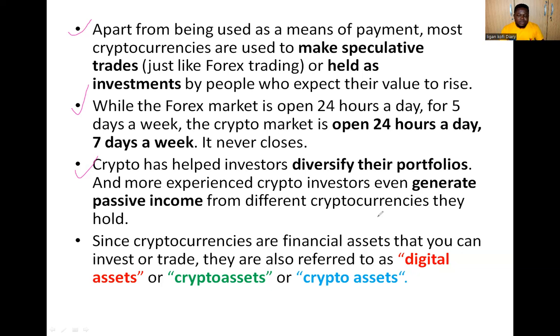So with cryptocurrencies, those who do the investment buy at low and then cash out when the prices increase. It's just like buying something down. Like I was using a bag of rice, for example. You buy it at low, $1, and then once it gets to $2, you cash it out. You sell it, and then you make $2. Meanwhile, you bought it for $1. So that is how the crypto market is. People buy it at low, and then they sell it at high, or they cash it out at high.